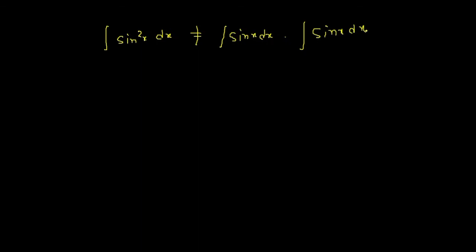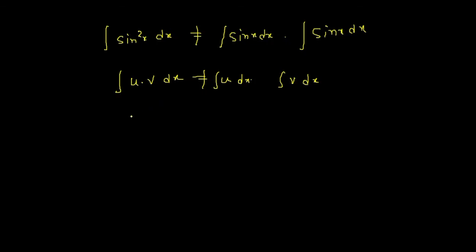Here the product formula is not valid: the integration of u into v dx cannot be written as the integration of u dx into the integration of v dx, where u and v are both functions of x.